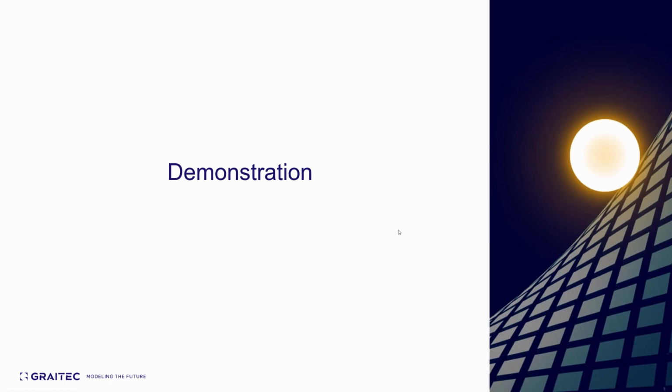Okay, so this was kind of some introduction on the tools that we have in either Graitec Advanced Design or our Power Packs. So now my colleague Ciara will demonstrate these tools, the workflow, and also the tools that are going to help you to fix your analytical model and send it to Advanced Design, because it is very important.